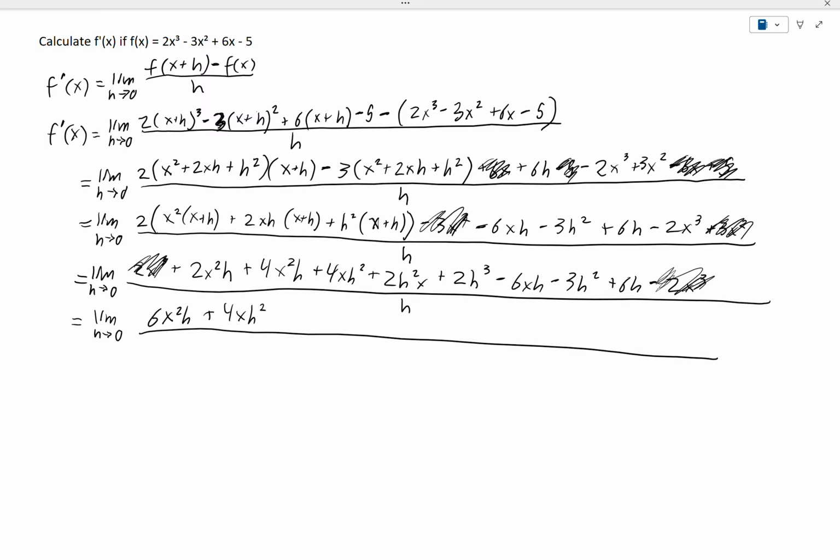Here I have 2h squared x. That's the only term of its kind. I have 2h to the third. And these things don't look like they cancel with anything else. So we had very little cancellation right there.